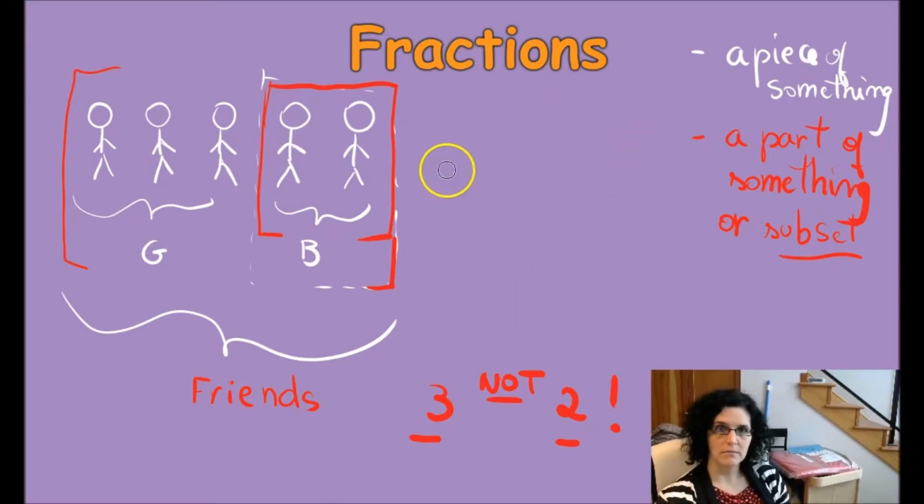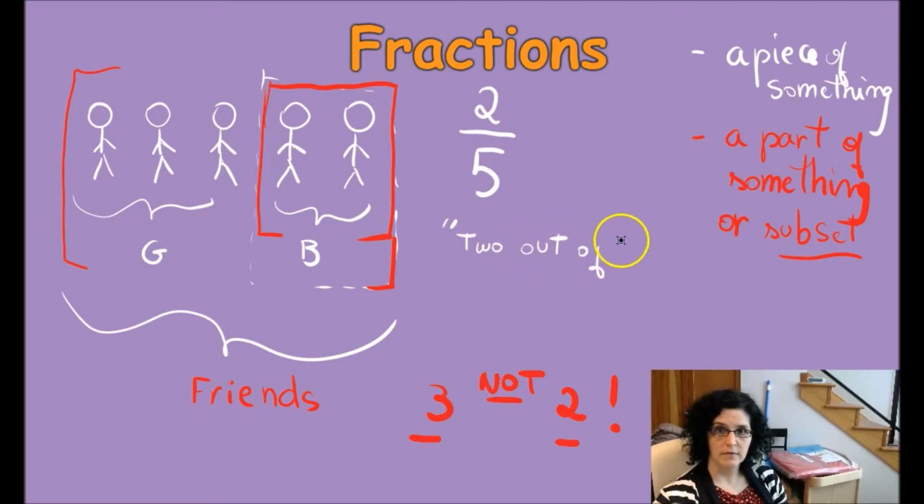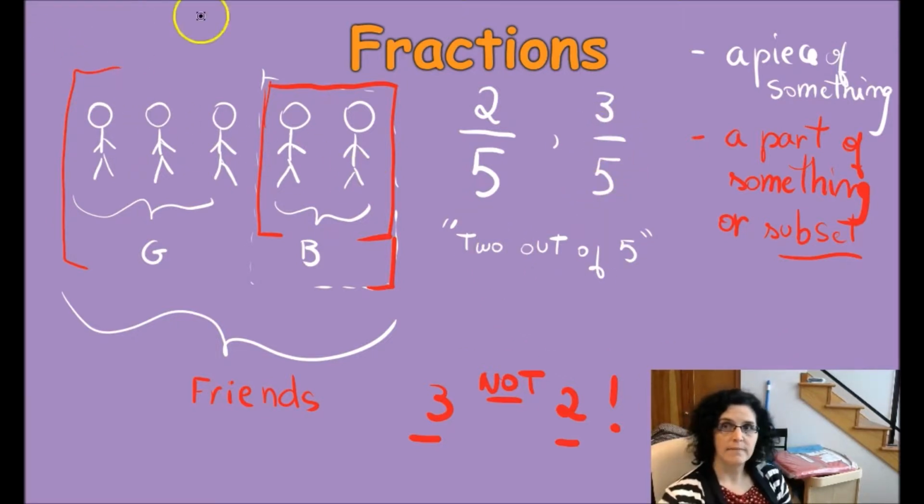My total number of friends is 5. So the number of boys, this is how you write a fraction, is 2 out of 5. And the number of girls is 3 out of 5. In reality, every one of these people is an equal part.